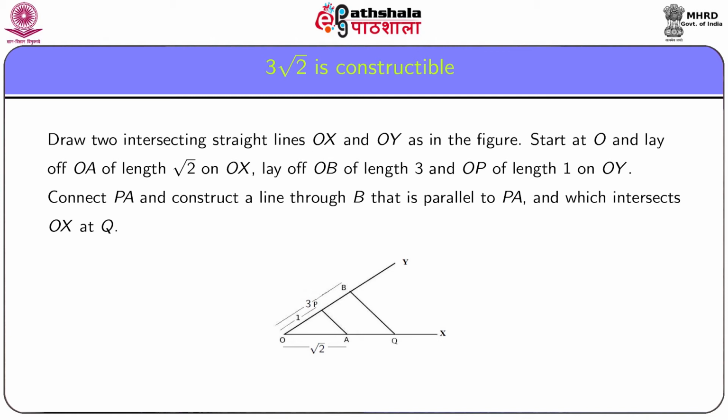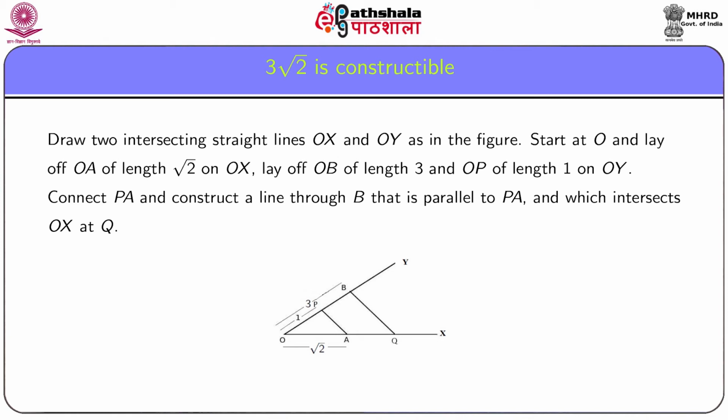Recall that we can construct a line which is parallel to a given line, here PA, and passes through a given point, here B, using only a straightedge and compass. Thus, the total construction here is possible using a straightedge and compass only.